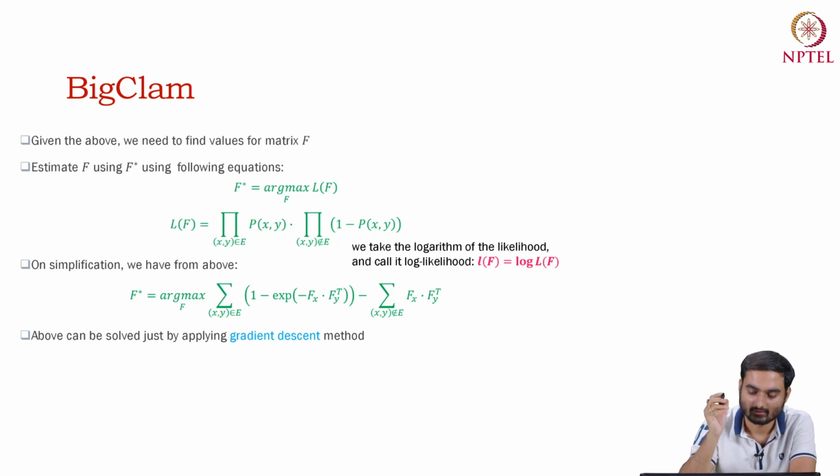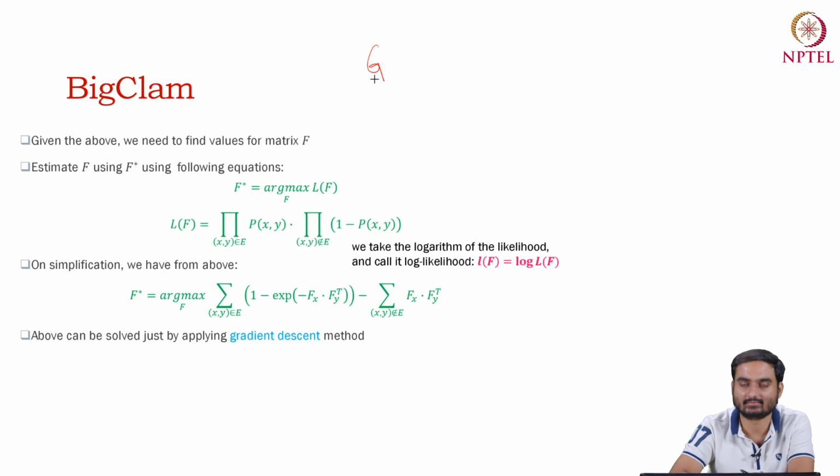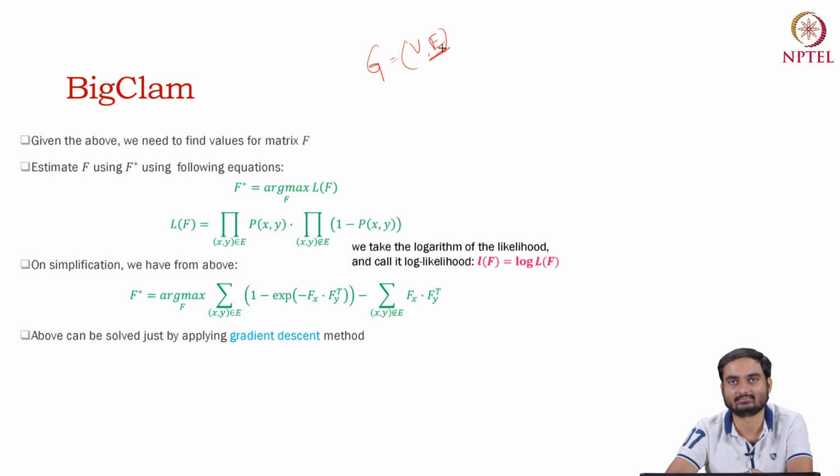How do we do that? You already know this G, V comma E. You already know the set of edges which actually exist. So according to our model, the edges which actually exist should have the probability that we calculated.